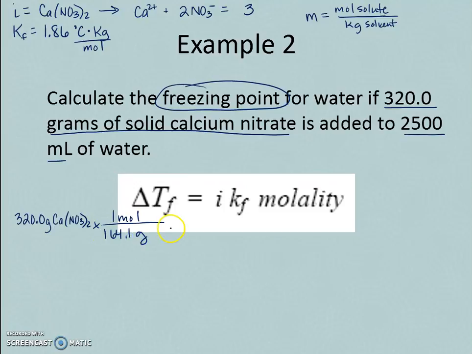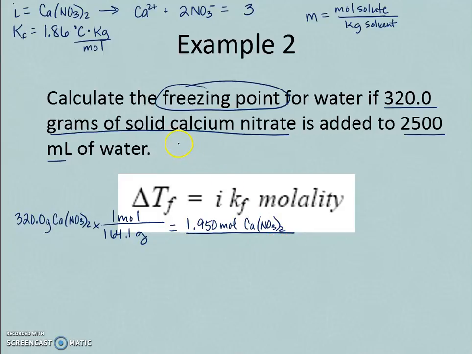Plug that into the calculator, and it should give you something around 1.950 moles of calcium nitrate. Remember, that's our solute, and we need to put that over kilograms of solvent.